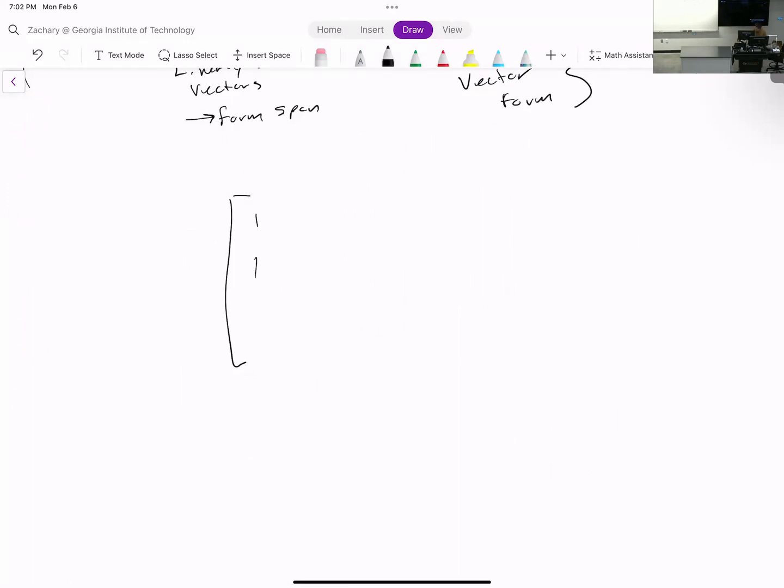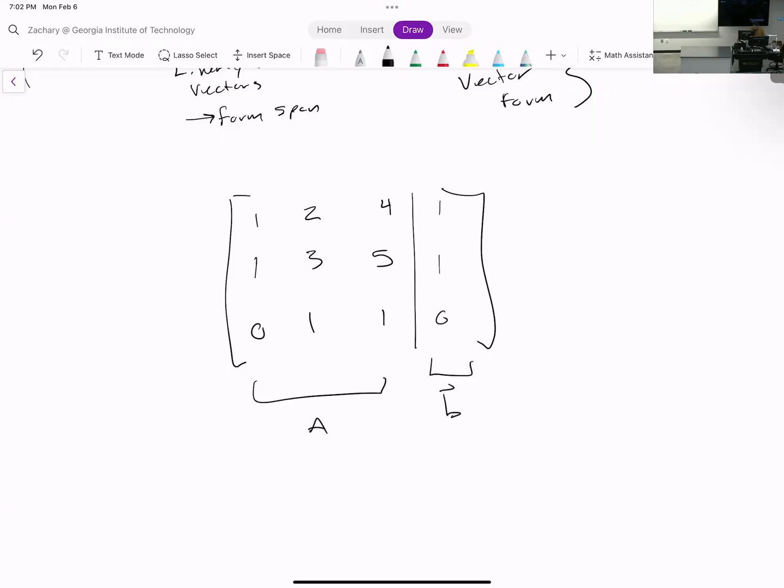What if we have a matrix that looks like this. So I give you an augmented matrix that has A and B. This is always your part of A, and this is always your B. And then your columns create x1, x2, and x3.